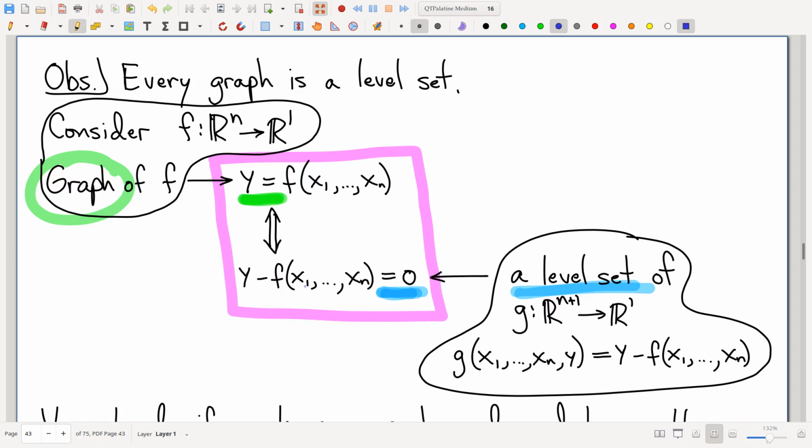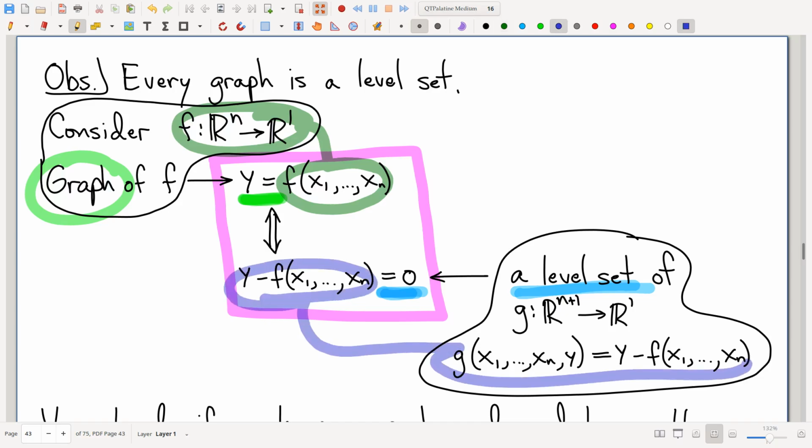Now the sticky little detail is, of course, this function is not the same as this function. So the function whose graph you were talking about, it is a level set, but it's a level set of a different function. Everybody see what's happening there, right? That's clearly a different function.